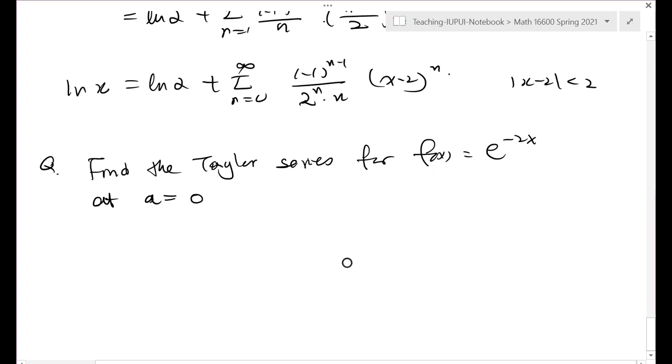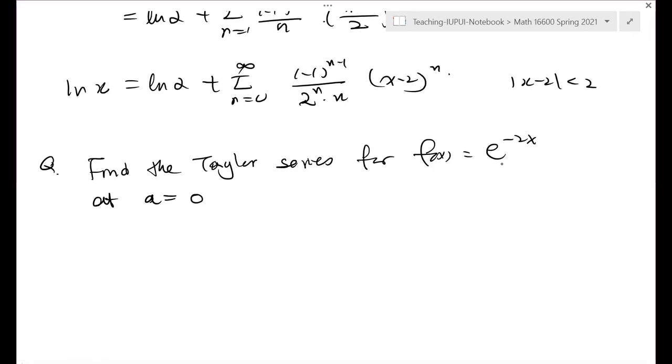All right, so now let's find the Taylor series for this function. I said that you still have two ways to go, but I try to avoid using the definition to find the Taylor series. If I ask you to find the power series representation for the function, using the Taylor series is really not a good idea if the function is very familiar, like the exponential function, because you have to prove the convergence.